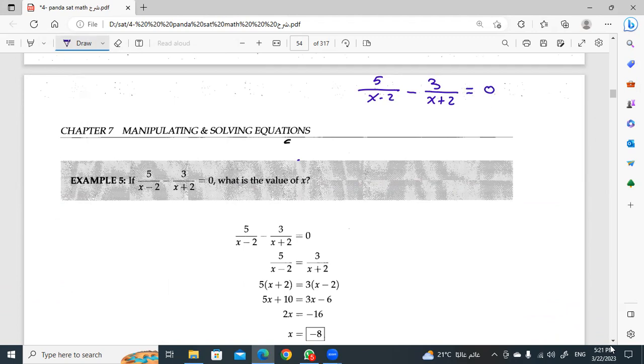First of all, I have to move this one to the other side with the opposite sign. So I will get 5 over x minus 2 equals 3 over x plus 2. Clear? I'm dealing with the 3 over x plus 2 as if it's a whole number, so I move this whole number to the other side with the opposite sign, to my right. Clear?